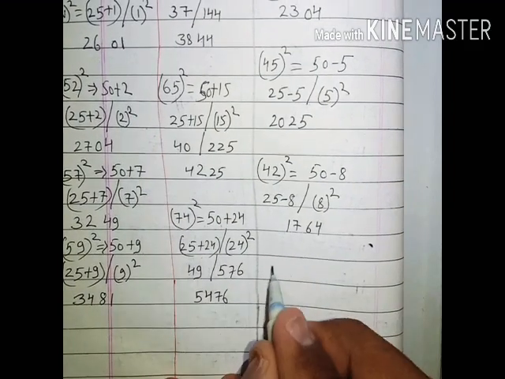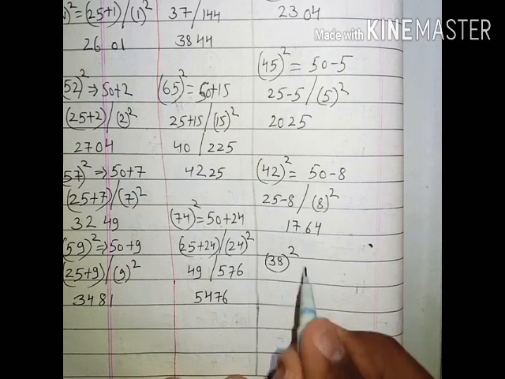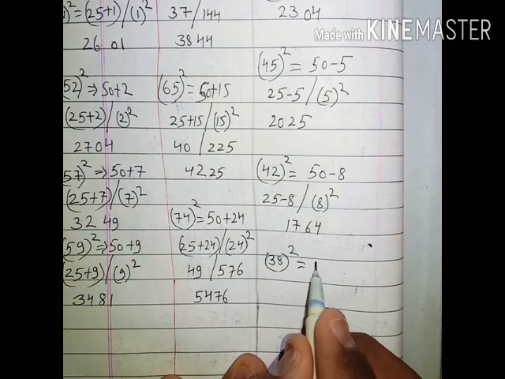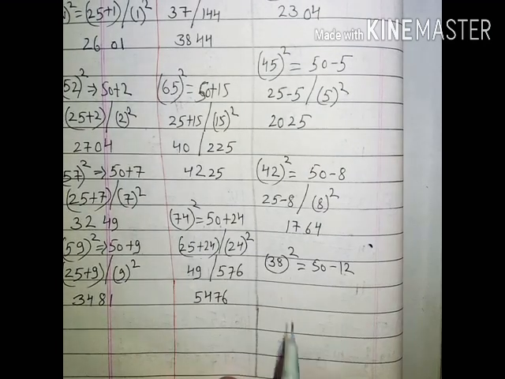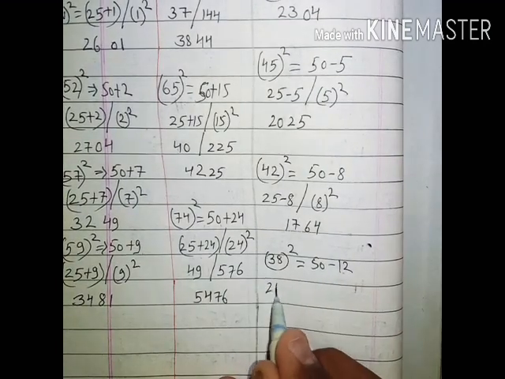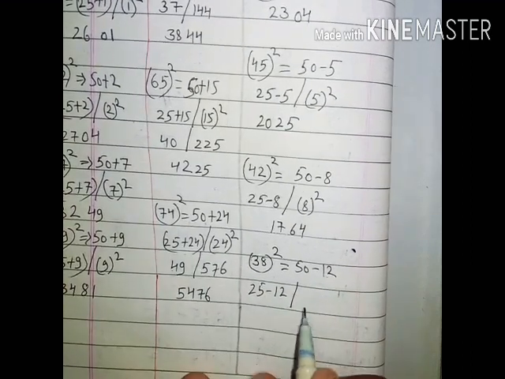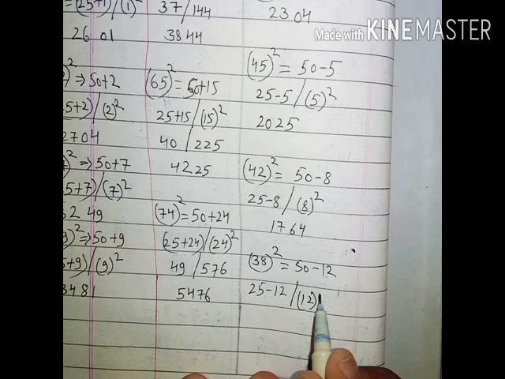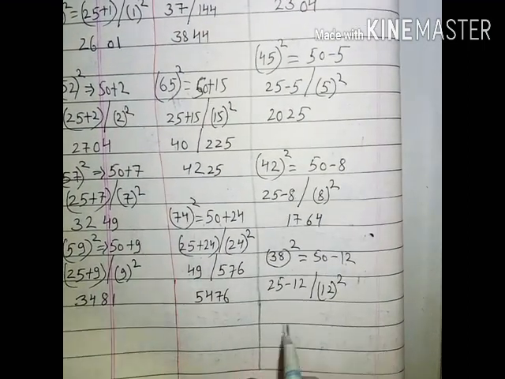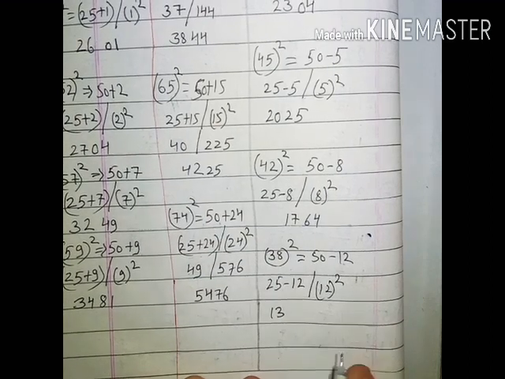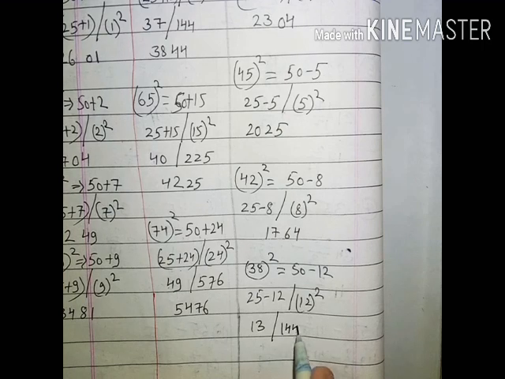Take one more example, the square of 38. 38 is 12 less than 50, so we can write 50 minus 12. Now we subtract 12 from 25, and on the other side we find the square of 12. 25 minus 12 becomes 13, and the square of 12 is 144.